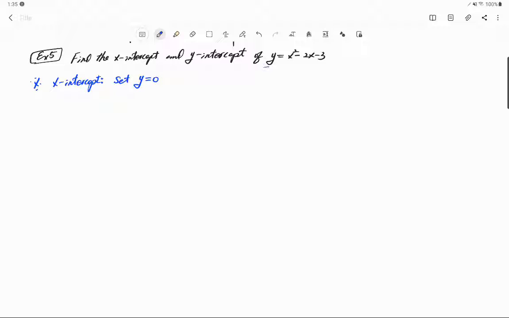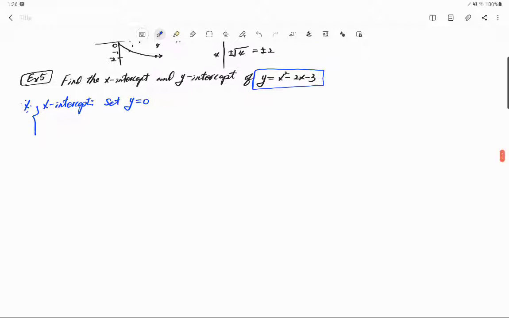Then we have an equation, and we can find x. In order to find the y-intercept, we set x equals 0. Always x equals 0.